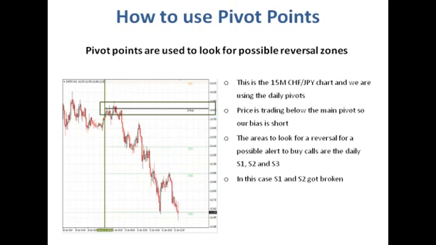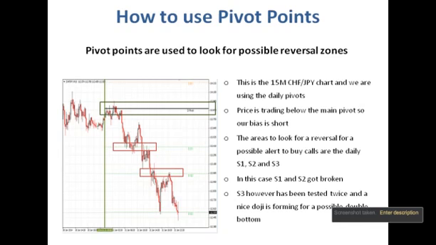In this case, the S1 and S2 got broken right here, okay? And because these areas of support broke, we could have bought puts when they broke, okay? But since we are just looking for reversals, we wait for one of these areas to hold.